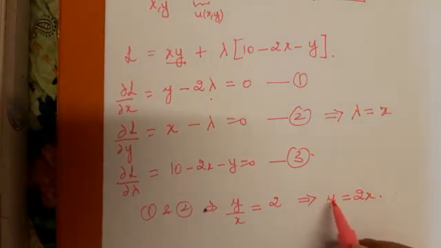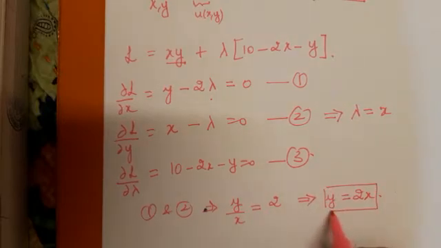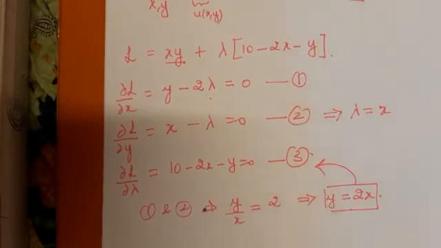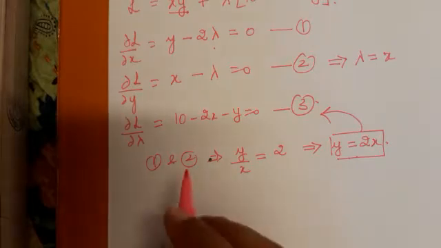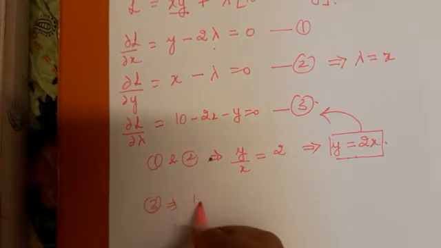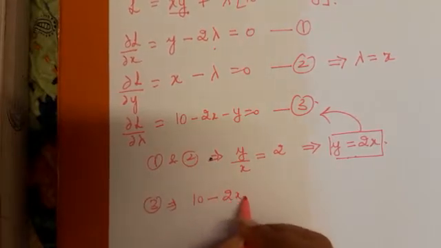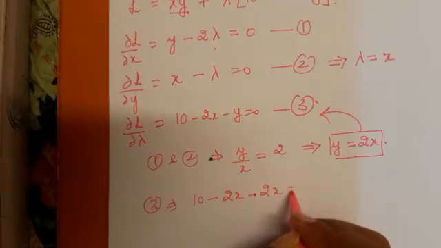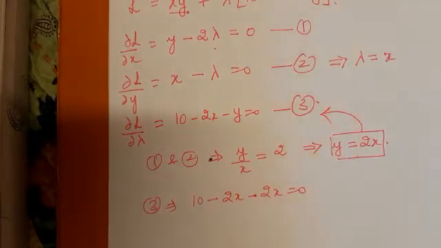So now let's substitute this information into equation 3. If I substitute y equal to 2x into equation 3, I get 10 minus 2x minus 2x is equal to 0. I've just substituted for y here.